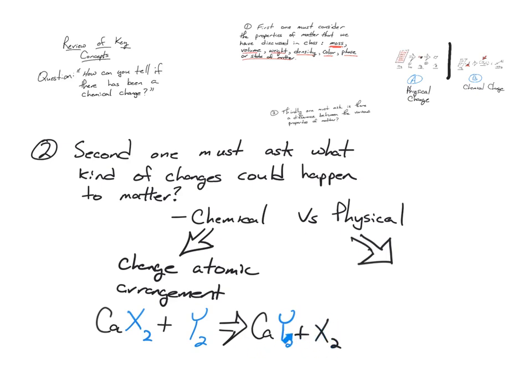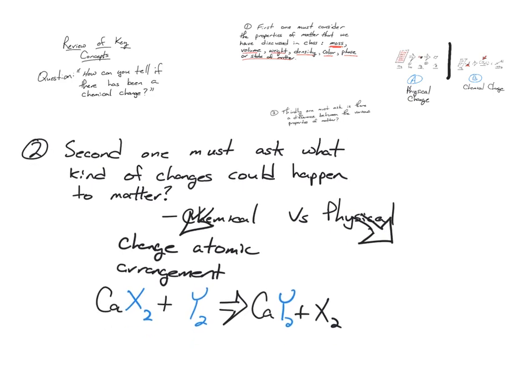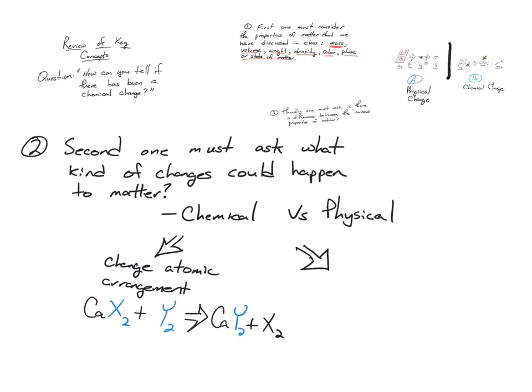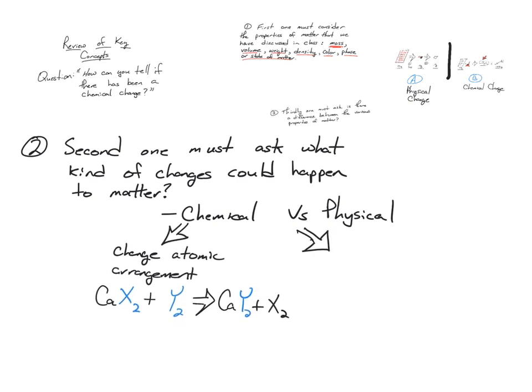So you produce two new things, calcium Y and X squared. That's a chemical change. You fundamentally changed the substance. It used to be calcium combined, sharing electrons, with X, and now it's calcium combined with Y.